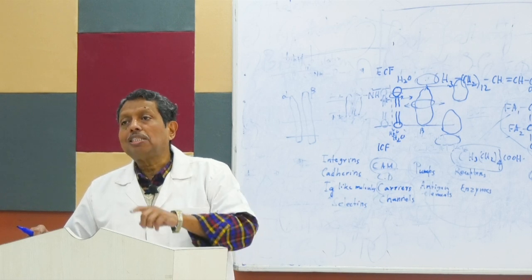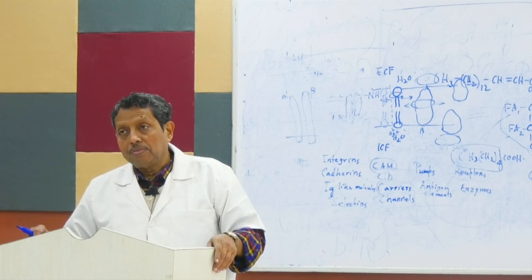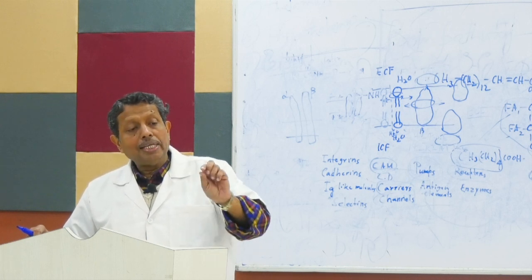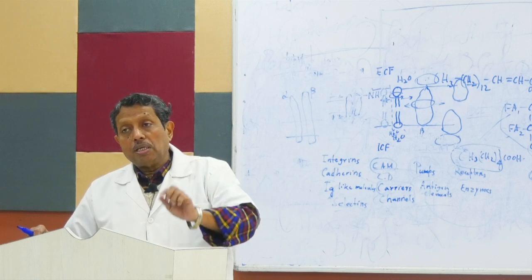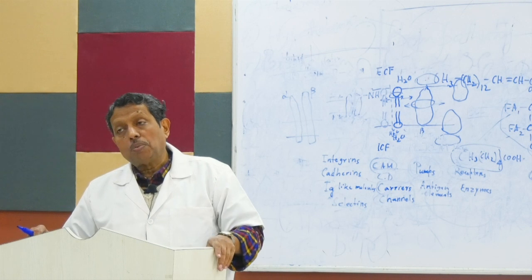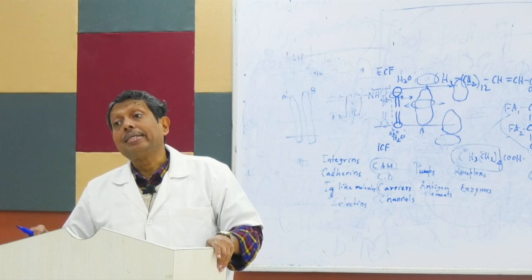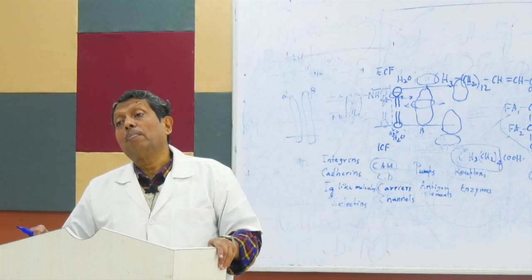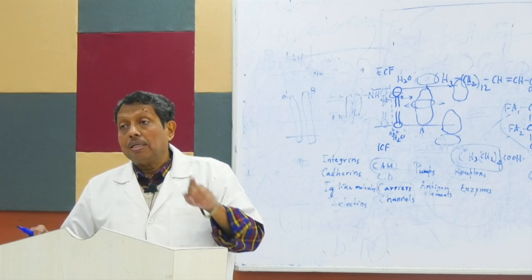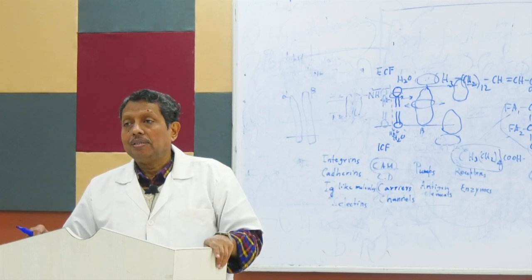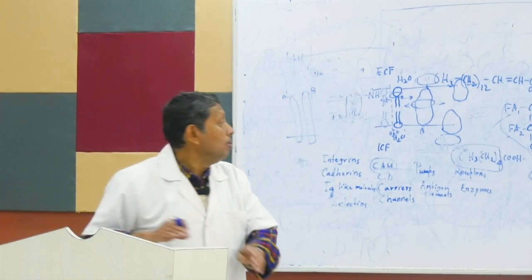There is always a tendency of potassium to go outside, and normally it is going, and sodium is leaking from extracellular fluid through the membrane into the cell fluid. Normally this process of diffusion is going on, and it is negated by the sodium potassium ATPase, so that this concentration and the membrane potential are maintained. So this is an example.